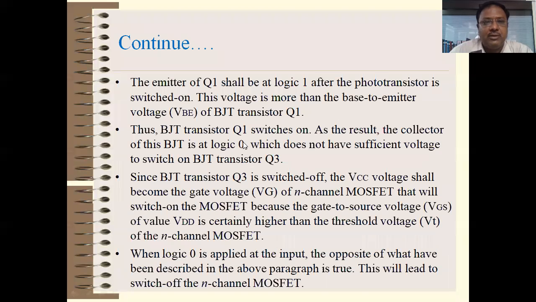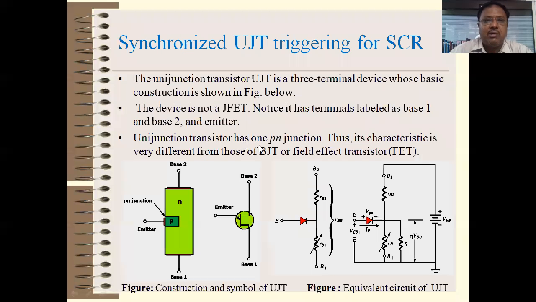Then second one, the first topic that we have started in the last lecture, synchronized UJT triggering for SCR. So UJT is a new device for you. So that's why yesterday we have discussed about this device first.